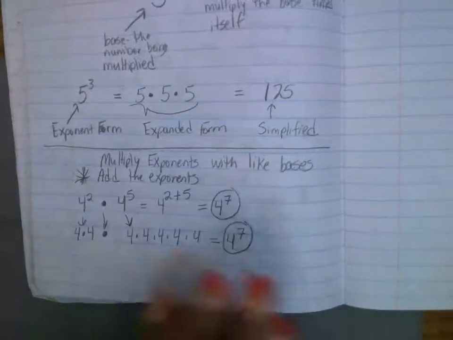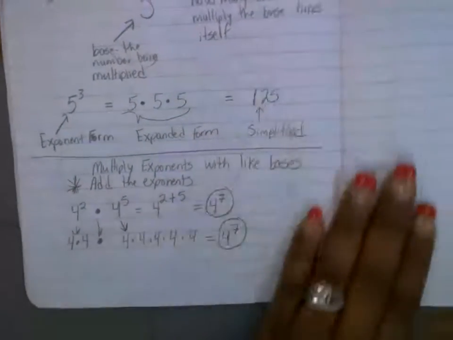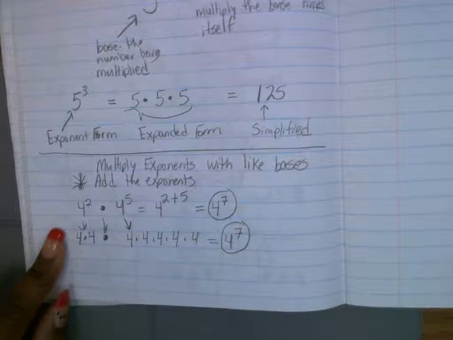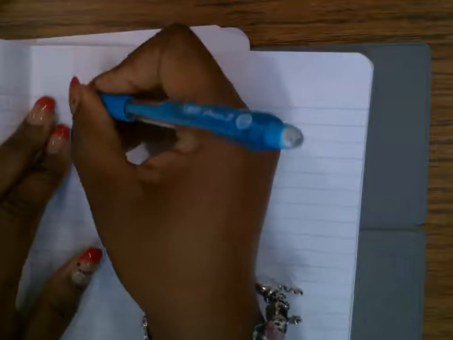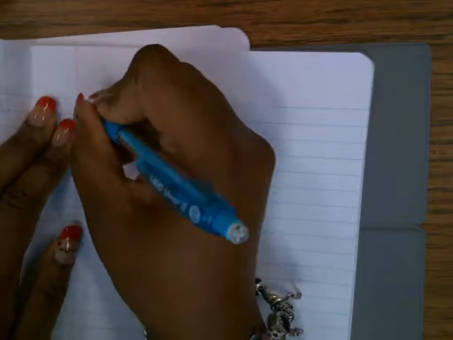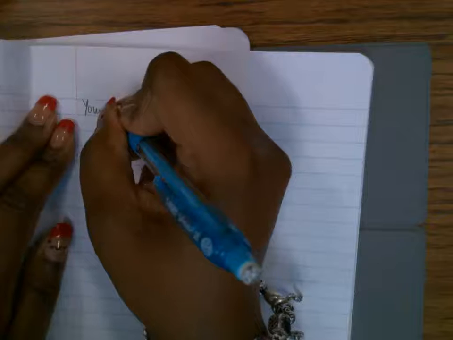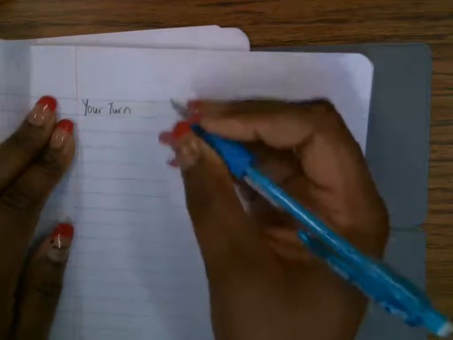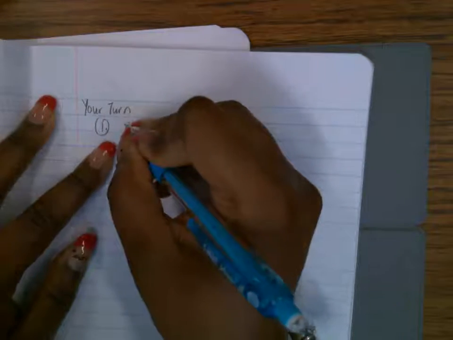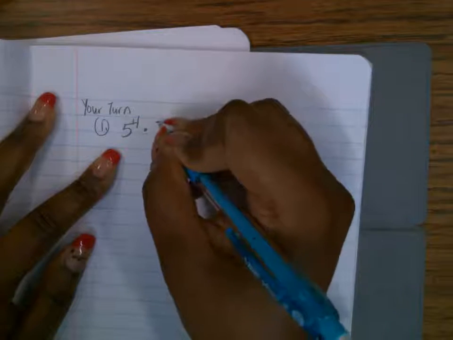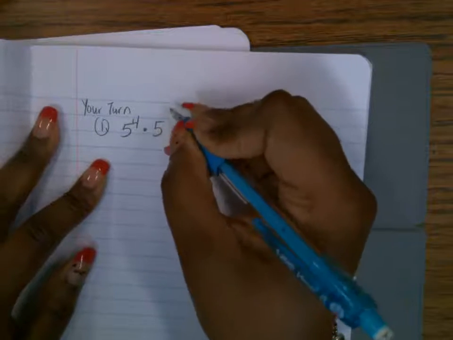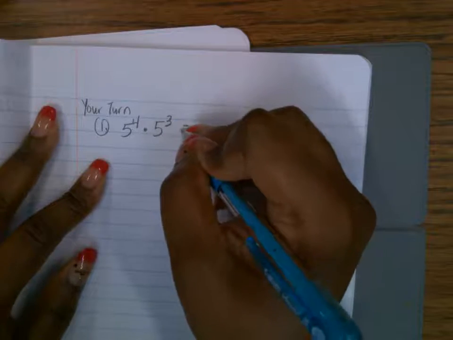Okay. See if you can do this. Anyone still copying before I move? Okay. See if you can do this one. Okay. Let's do 5 to the 4th power times 5 to the 3rd power.